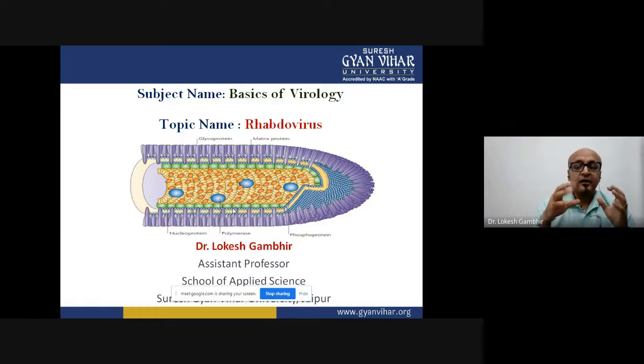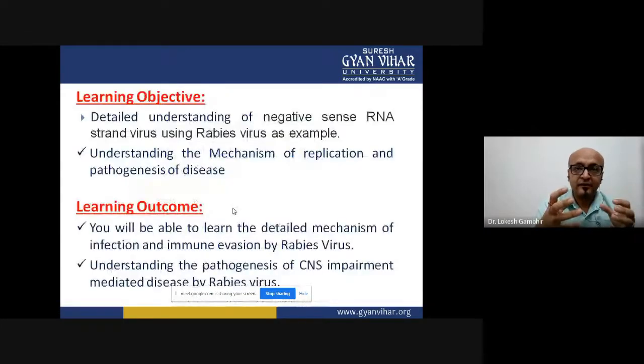So today we'll be discussing the complete replication cycle and the infection mode of this particular rabies virus, and how it manages to evade the immune response. That has been the chronology of our lectures, right? First we understand the structure of the viruses, then the genome organization of that virus, then how that virus is actually causing the infection inside the cell, how it is getting replicated, and what are the parallel proteins that are involved in this replication.